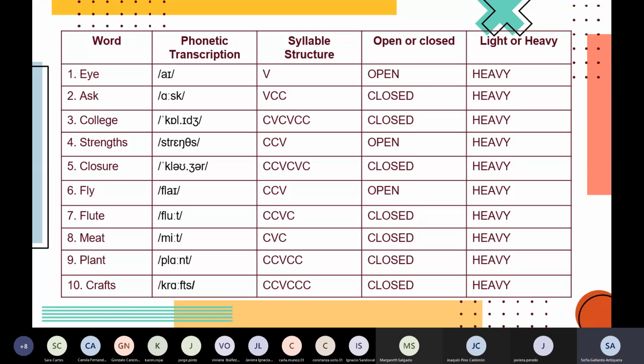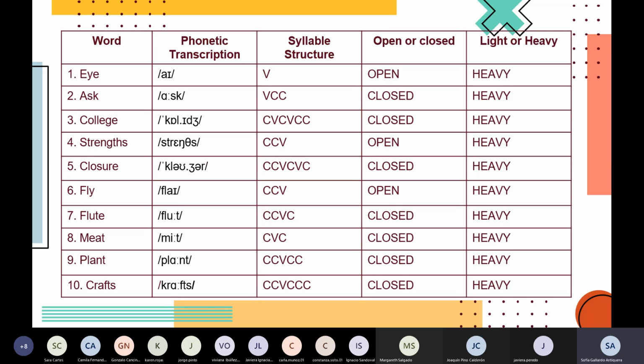Then we have plant, and the syllable structure would be CC, V, CC, and then closed and heavy. And the last one we have crafts, and the syllable structure would be consonant, consonant, vowel, consonant, consonant, consonant. It would be closed and it would be heavy.